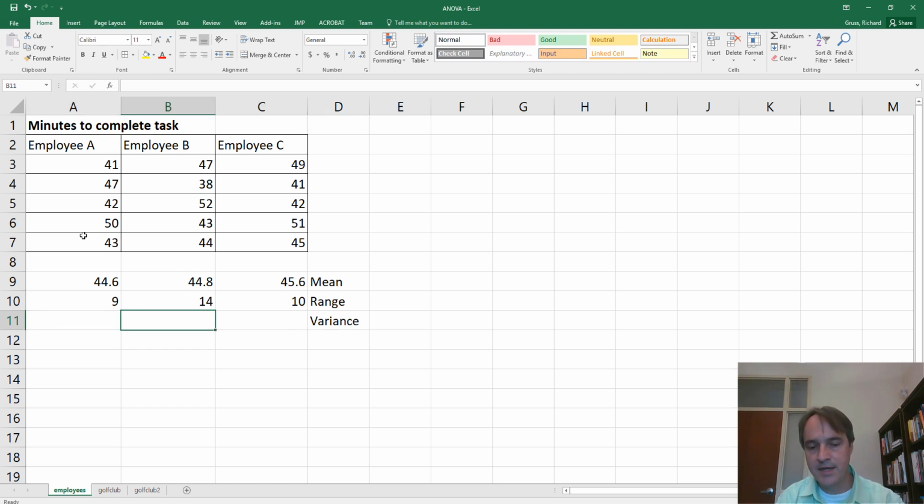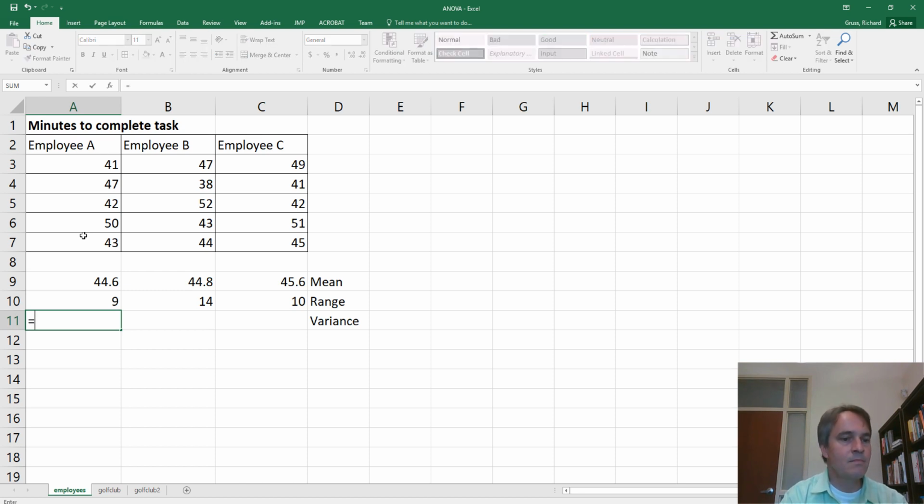Now we could use standard deviation, but variance is really the same thing. It's just the square of the standard deviation. So, all right, you can look at the variance of these. Okay. Sorry. In Excel, we have to indicate that we are using the sample variance. VAR.S.